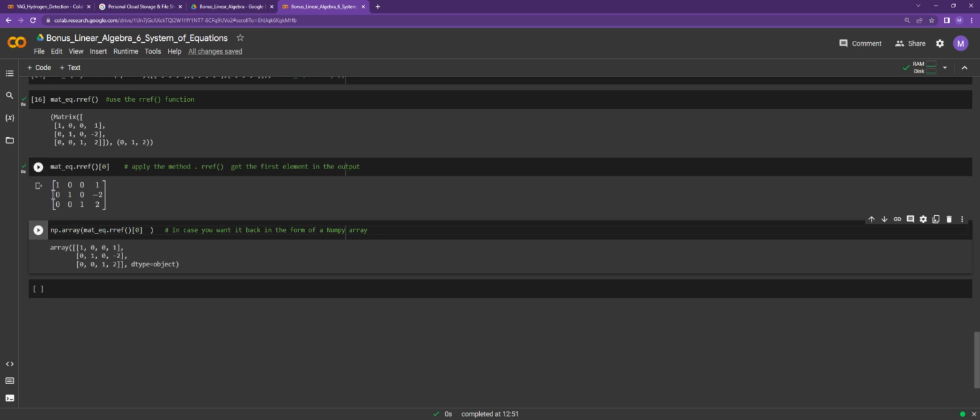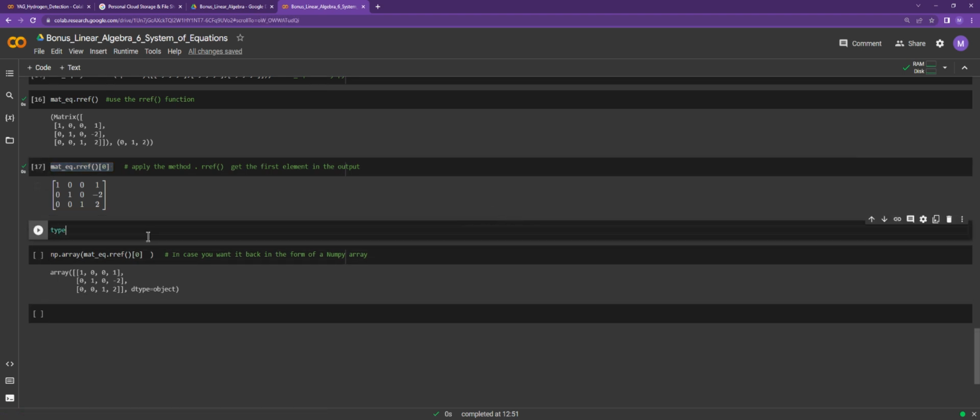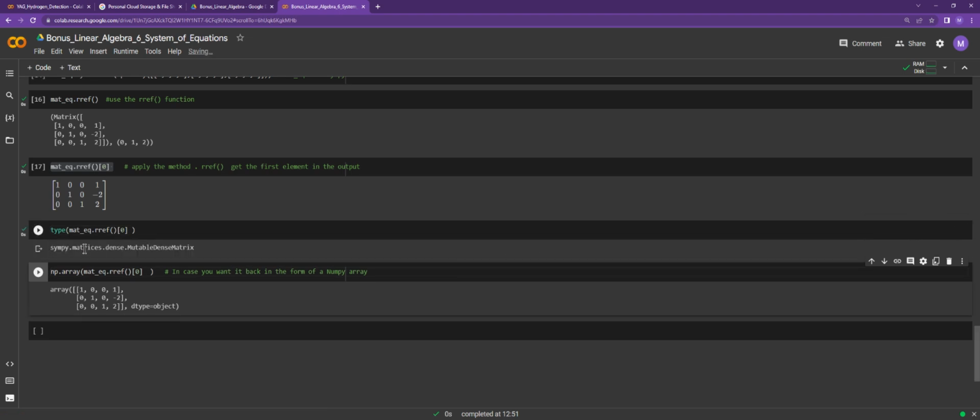Once you have it out, if I check the type, it's a SymPy matrix, a dense matrix, whatever. It's a SymPy formatted output.